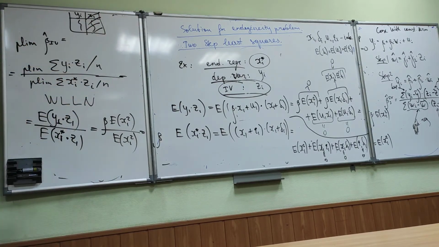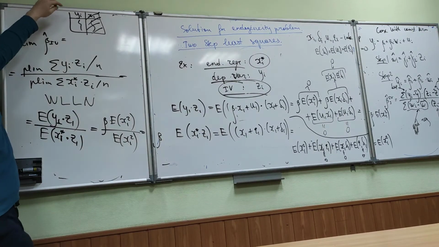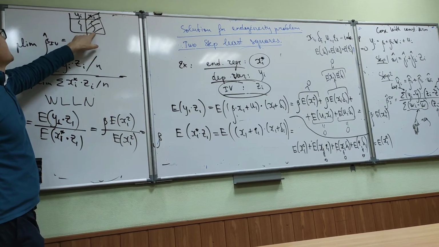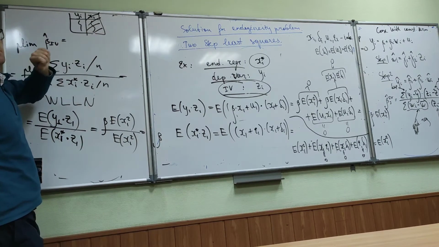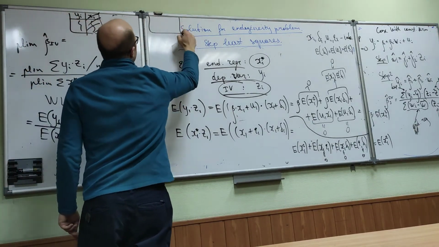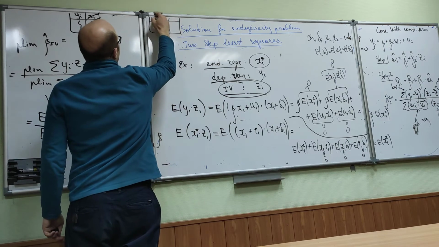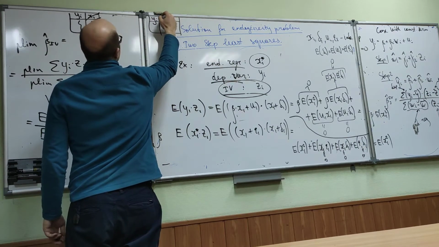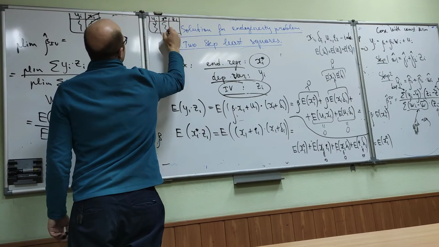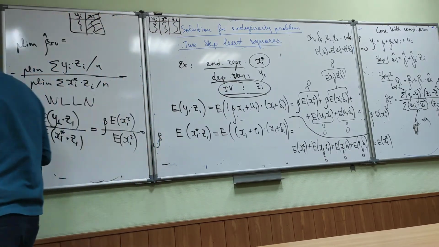So imagine that you would like to make a regression of y on x, and this x is not observed. What you observe is y, x star, and z. So you do not observe x directly.